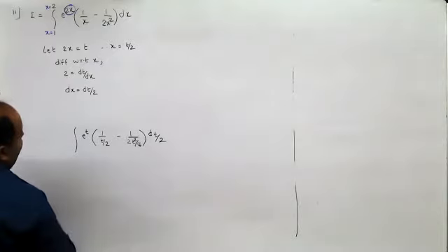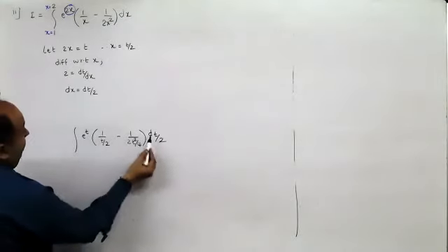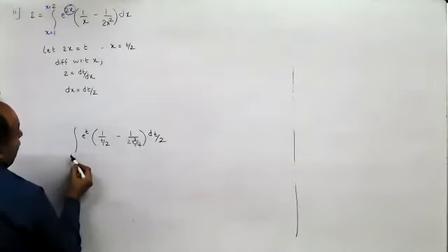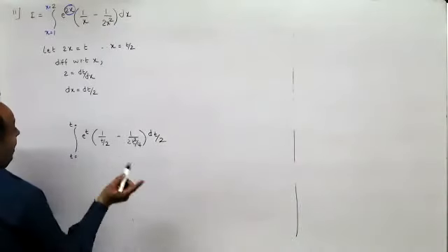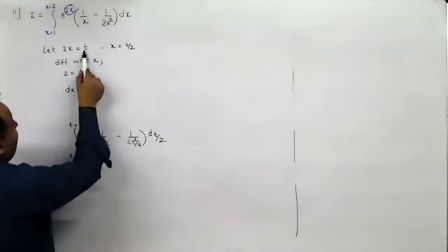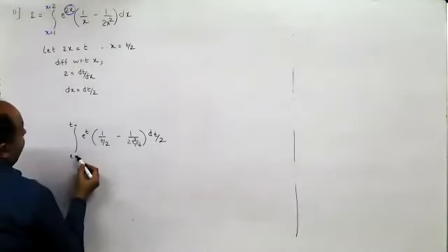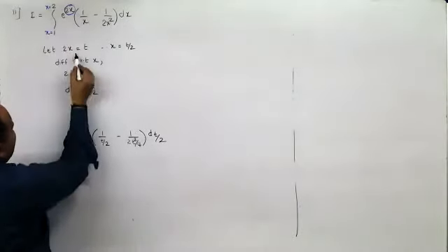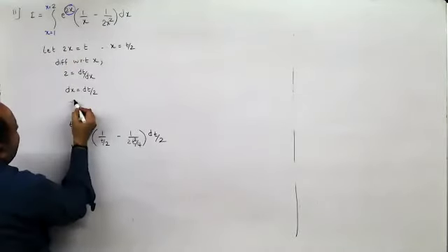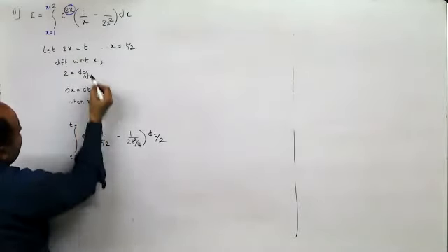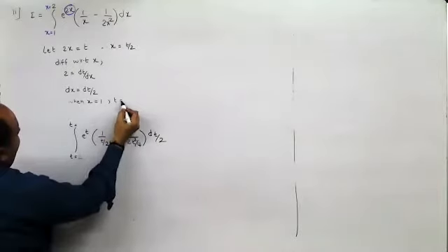Now these are all in terms of t, so the limit should also be in terms of t. Now how do you get the limit in terms of t? Use the substitution. When x is 1, what is t? It is 2. When x is 1, t equal to 2 into 1.